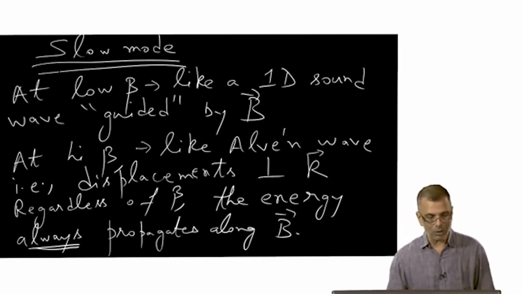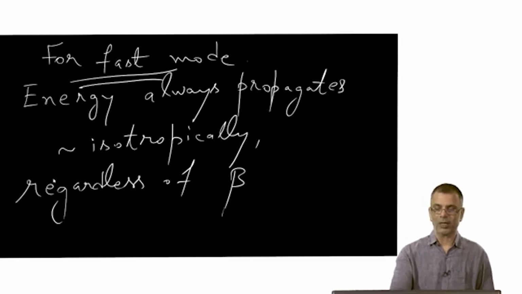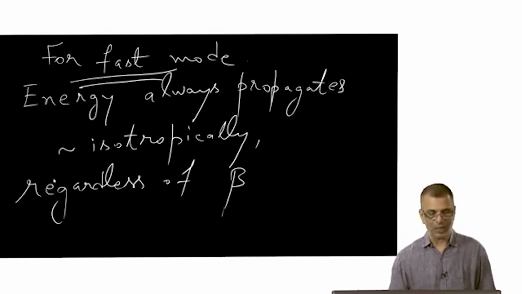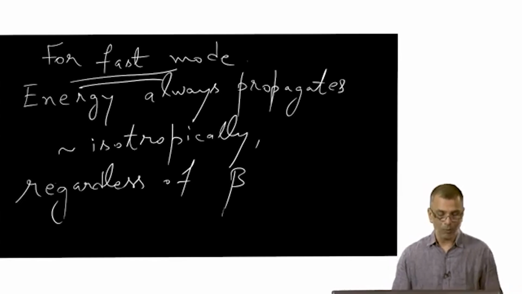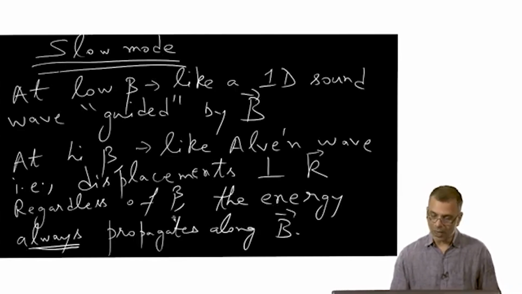For fast modes, the energy always propagates isotropically regardless of beta. In other words, it has nothing to do with the magnetic field. Whereas for the slow mode, regardless of beta, the energy always propagates along the magnetic field.